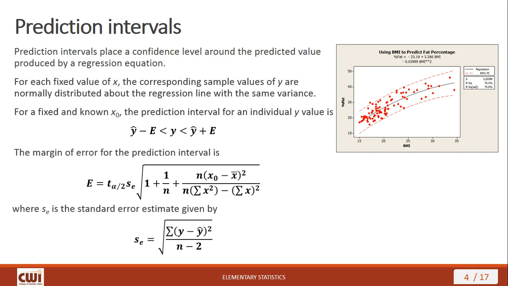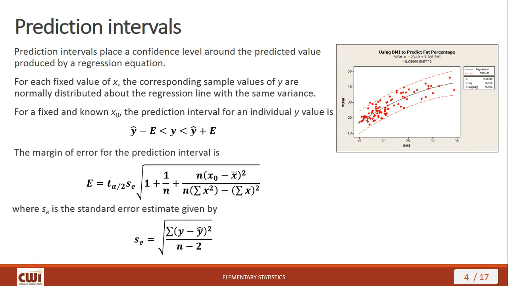That margin of error E we calculate according to this equation here. Notice that there's a term called S sub e, which is the standard error, and that's given by a separate equation that you see at the bottom of the screen. Calculating this by hand is pretty intensive.